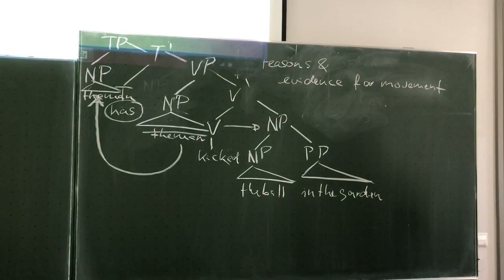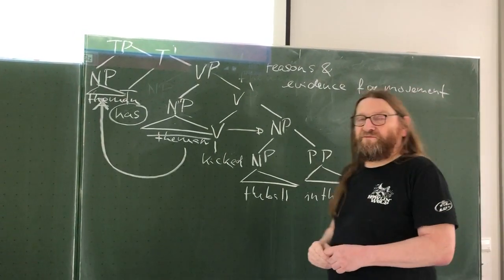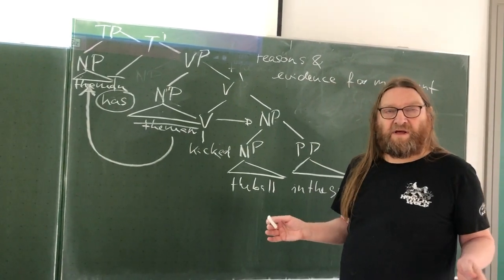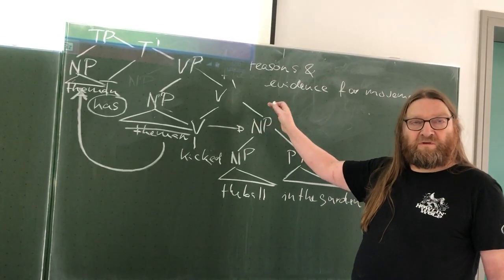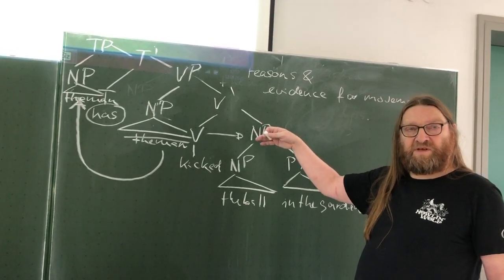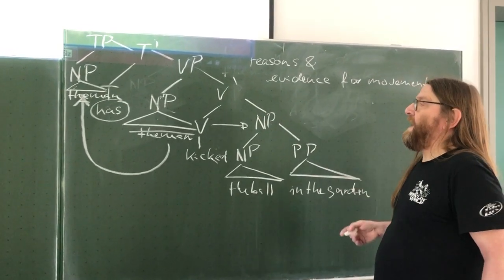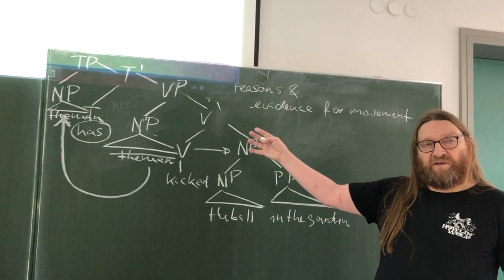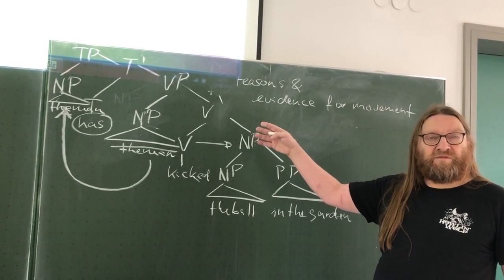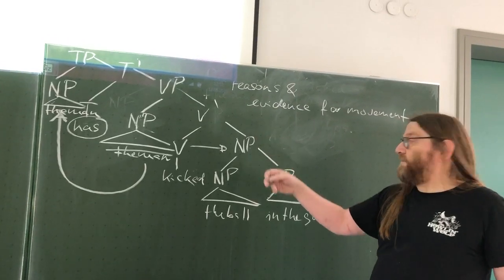Okay, so we have now achieved two things. We have transformed the previous verb phrase, which only consisted of a verb and a complement, into an X-bar structure, and we have changed S into an X-bar structure, which we now call tense phrase. We could also call it agreement phrase.